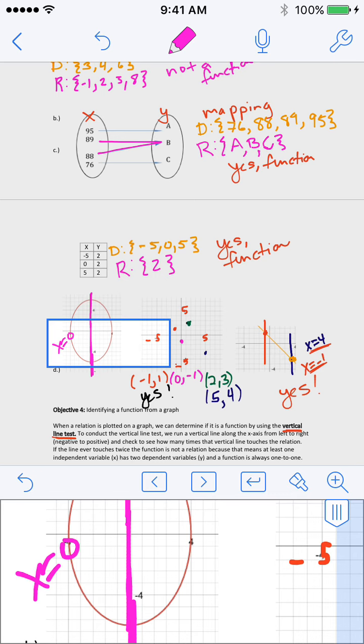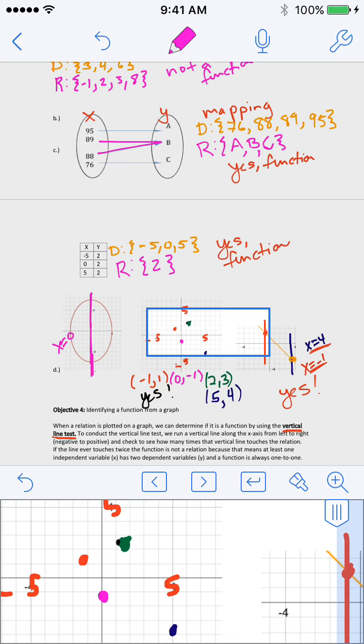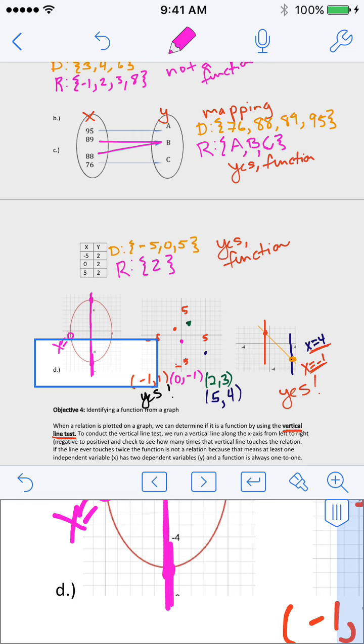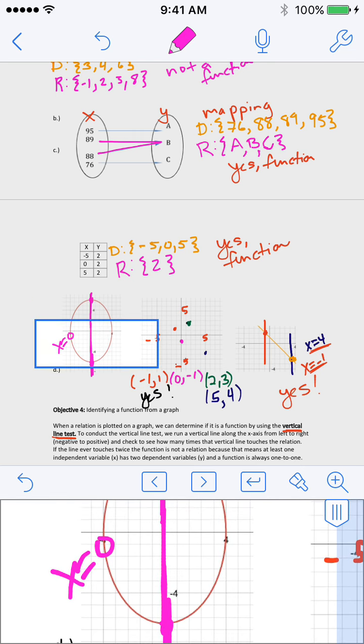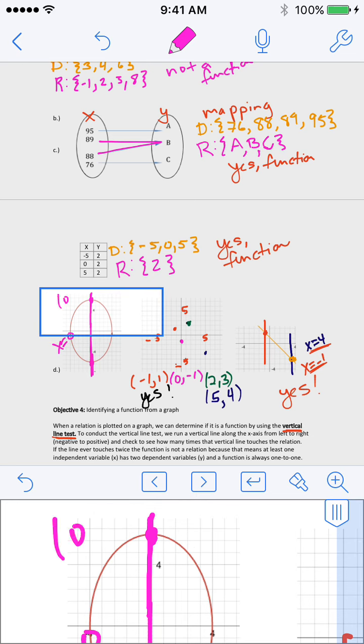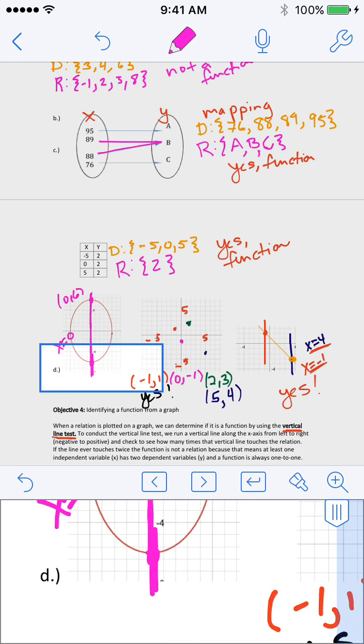How many times does this one hit? I know it's not really represented in my little box, but look on the whole page. How many times does this one hit? That's right, it hits twice. Once up here at the top, and once down here at the bottom. And if we think about it, that means we have both points. We have the point (0, 6), and we have the point (0, -6), which is a problem.